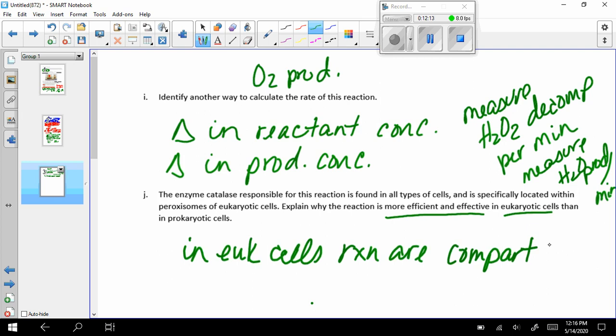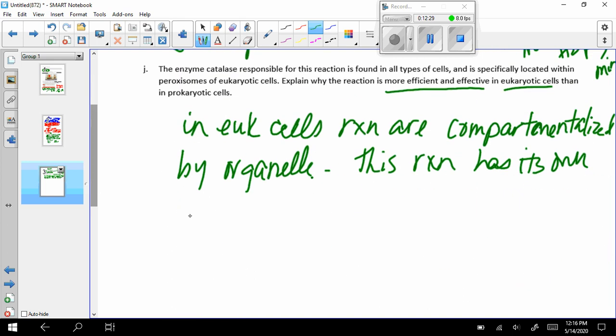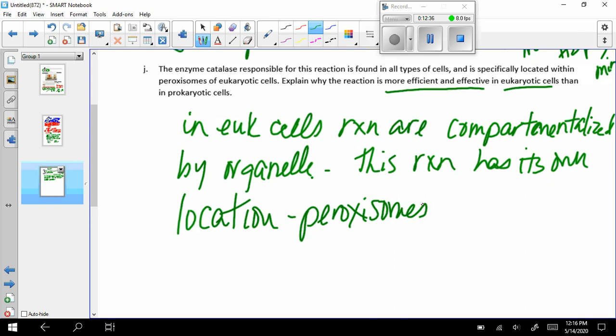They love that word. By organelle. So this reaction has its own location, peroxisomes, where it occurs.